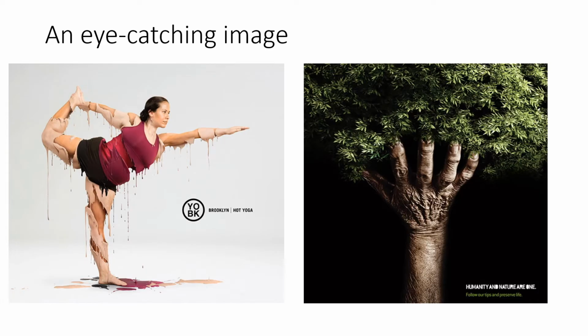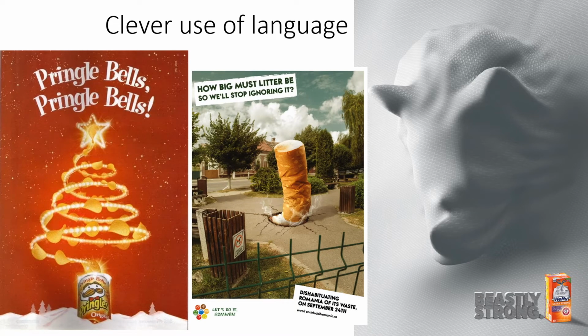Another way advertisers can grab your attention is with clever use of language. Clever use of language is usually perhaps in the title or in the slogans that might be on the advertisement. As we look here on our slide, the first advertisement makes use of the repetition of Pringle bells, Pringle bells. This technique draws the consumer's attention to the Pringles being advertised.